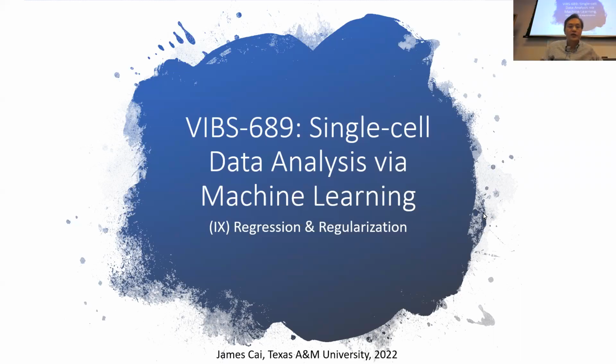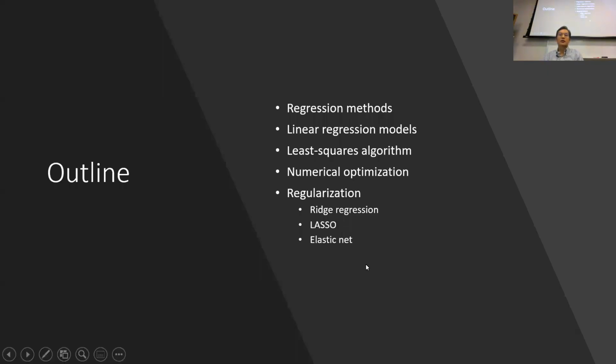So this is lecture number 9. We are going to discuss regression and regularization. Okay. We will talk about the regression methods, the linear regression model, the least squares algorithm, and then mention this optimization.